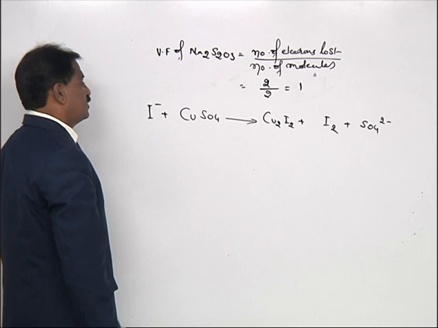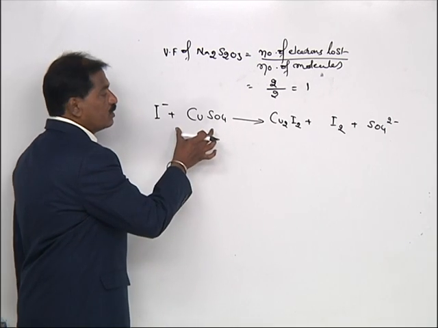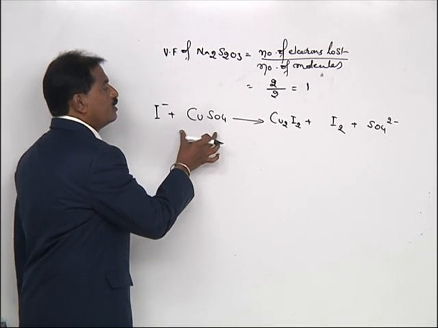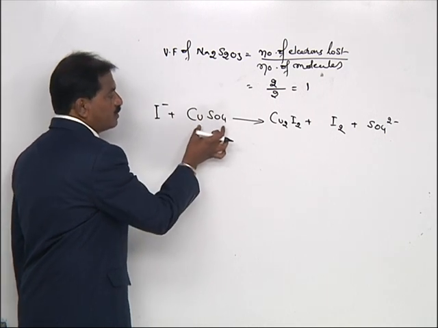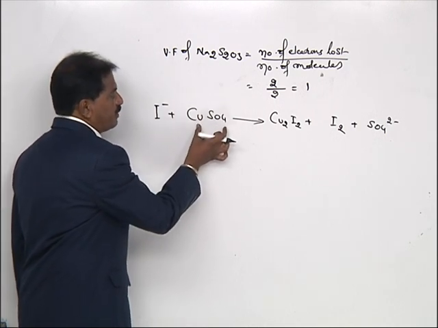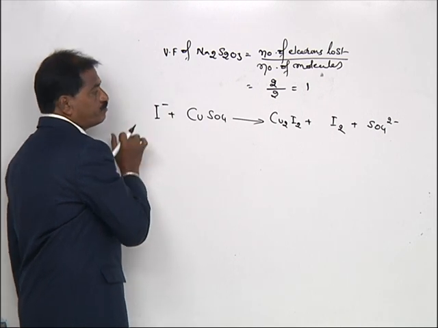This is also a well-known redox reaction and very important for numerical calculations. Therefore, first let us discuss the calculation of valence factor of the copper and iodide.